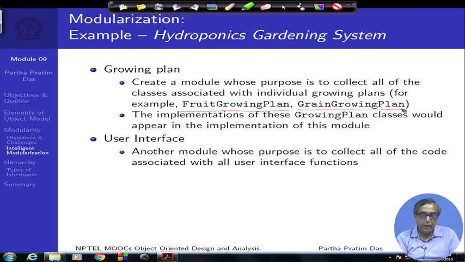It will also be much easier to change, because a change in the fruit growing plan will possibly impact the general growing plan strategies and so on. On the other hand, all the user interface functionalities would certainly be better put together into a single separate module.